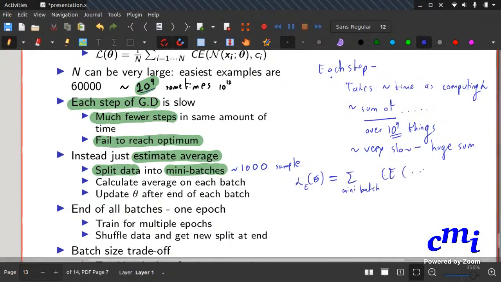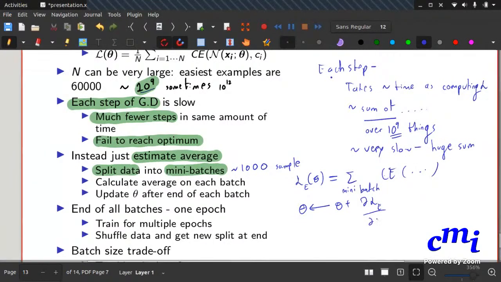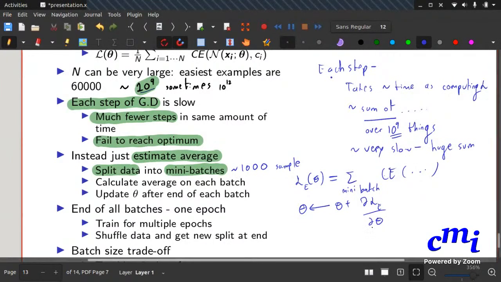Of C and so on, right? And then with respect to this sum, we'll update the gradient, right? So we'll set theta to be theta plus delta L theta by delta theta, right?